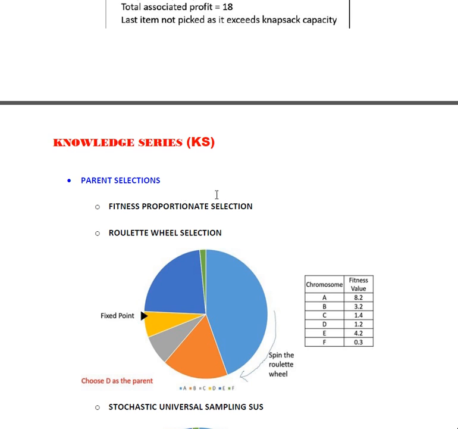That plays a very important role. Therefore the fitter individuals, or the fitter chromosomes, have a higher chance of mating and propagating their features to the next generations. That is what you have to keep in mind.